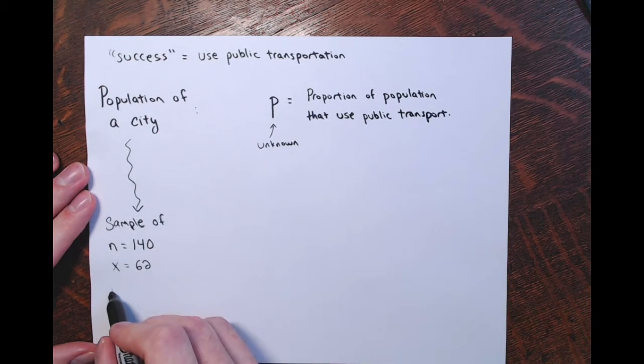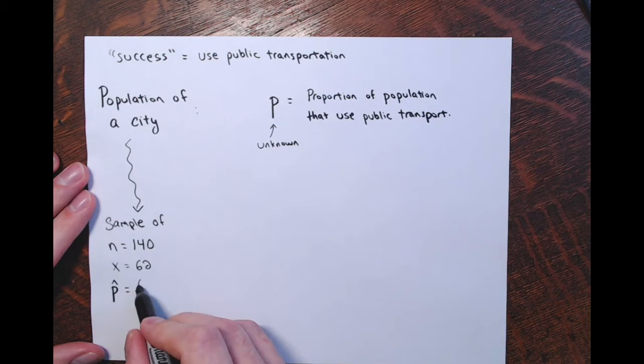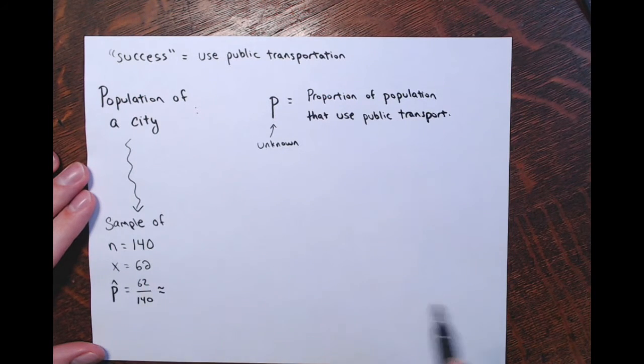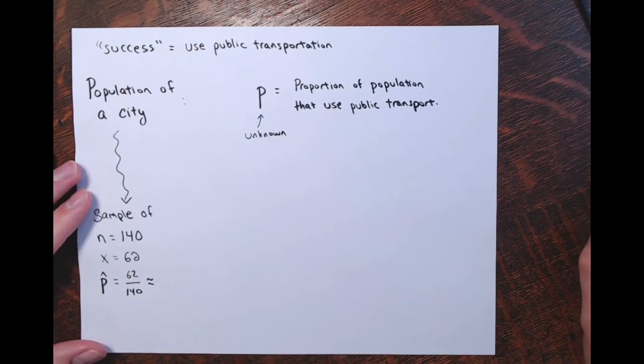So for this sample, the sample proportion, the p hat, is 62 out of 140, which I'll approximate. When I go to the calculator later, though, I'll probably just enter 62 out of 140.